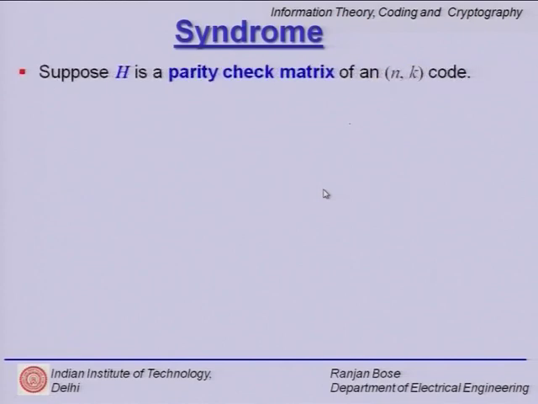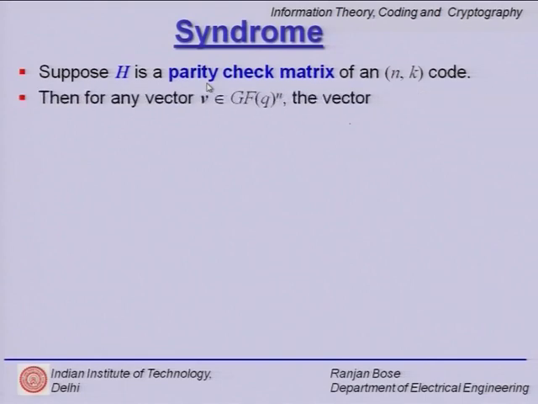Then we talked about something called syndrome decoding. For that we defined the syndrome first, where if H is the parity check matrix of an n comma k code, then any vector nu which is an element of GF(q) to the n is defined as S equal to nu times H transpose.